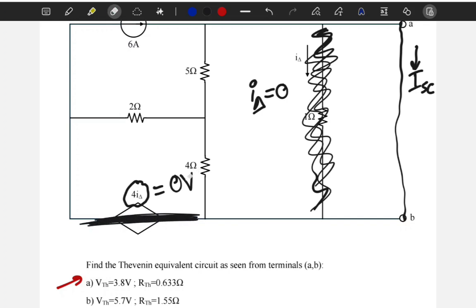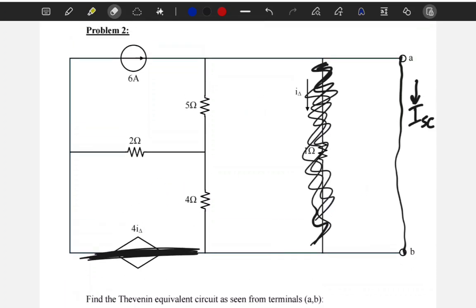Okay. So we have discussed all of this, and we have seen that I delta is equal to 0. So basically the image is that I have 6 amperes in here, and some other unknown current IA in here.